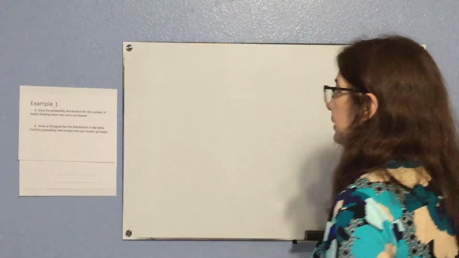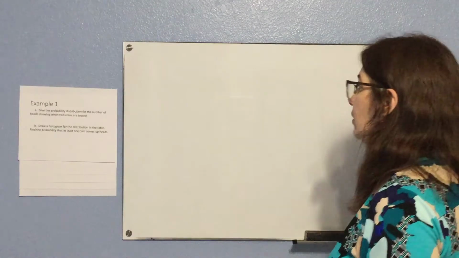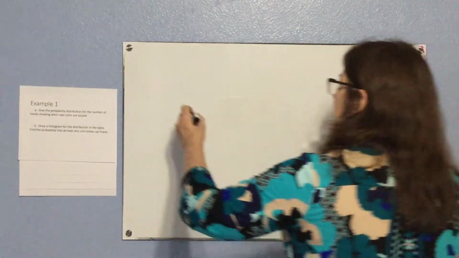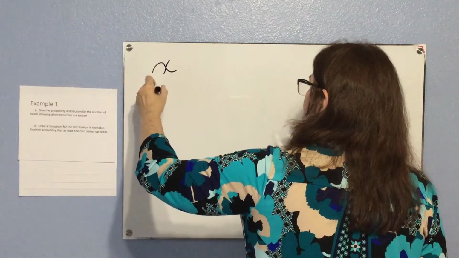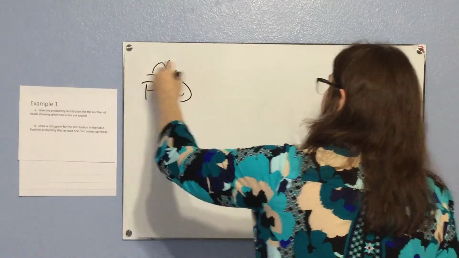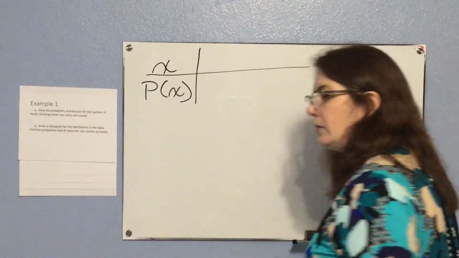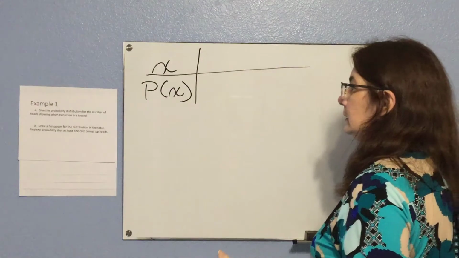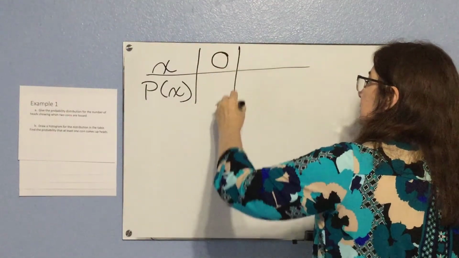It says, give the probability distribution for the number of heads showing when 2 coins are tossed. So we'll start off with x and p of x. And let's think about the possible outcomes when I toss two coins. I want to know the number of heads. It's possible there could be no heads.